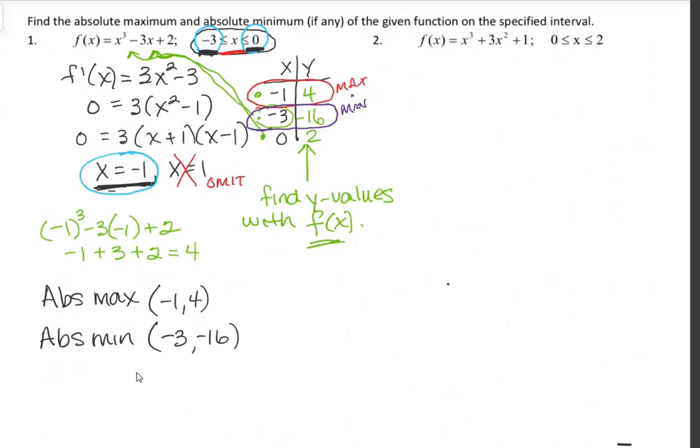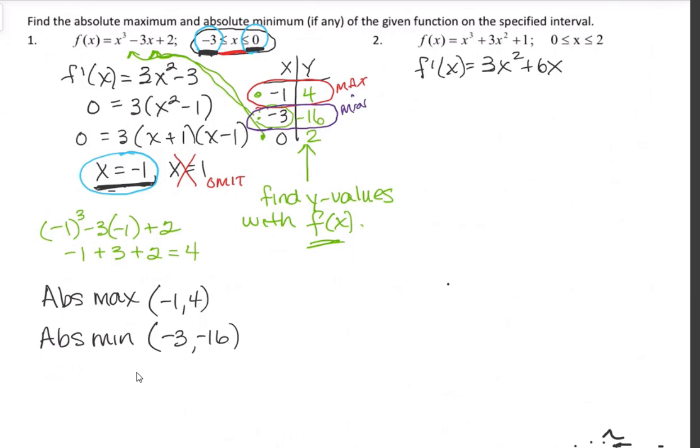I'll go through it a little bit quicker. If you want to try to work ahead, that's great. We're going to start with step number 1, which is to find the critical values, which means I need the derivative of this function. My derivative is 3x squared plus 6x.